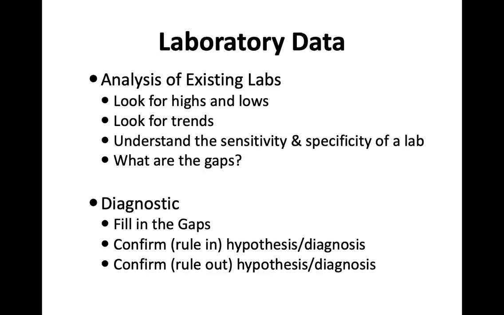So always make sure that you're not closing too early, like, oh, it's got to be this or it's got to be that. Because in shortness of breath, for example, I could give you 5 differential diagnoses, and if it's a new patient, I'd have to work through every one of them. My laboratory data is going to help me with that. My history is going to help me with that. My review of systems is going to help me with that. And we're going to do imaging, which will also help me.